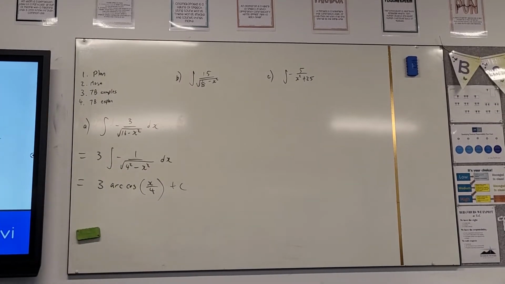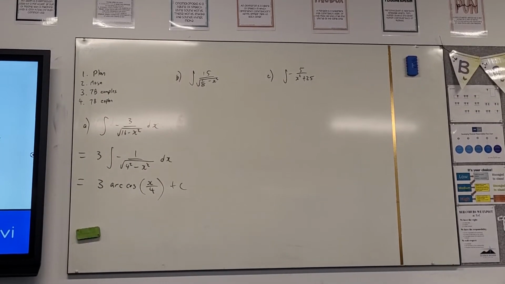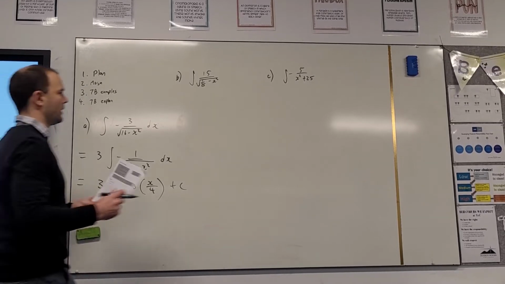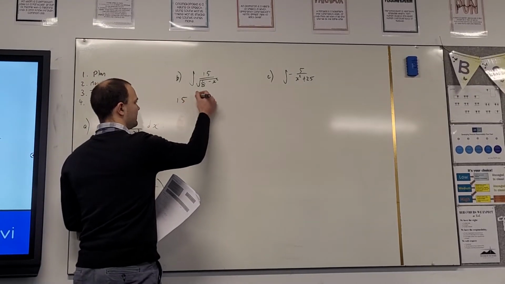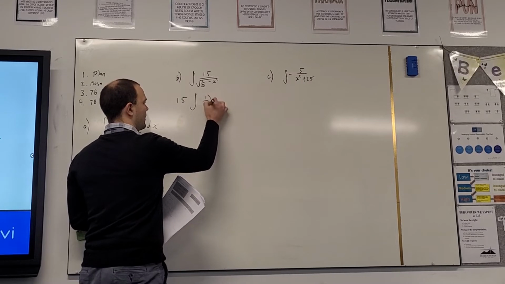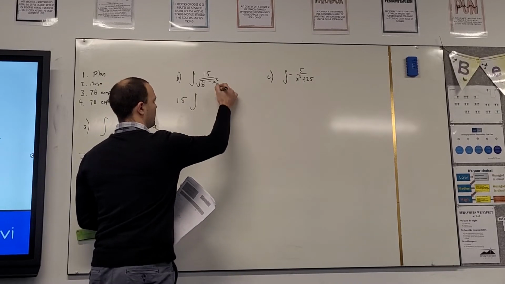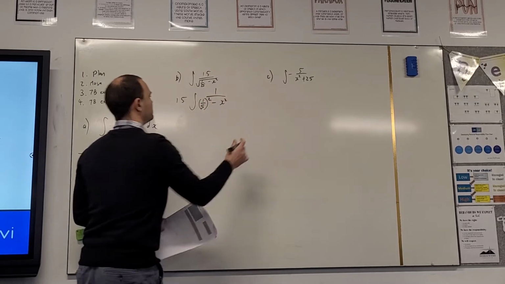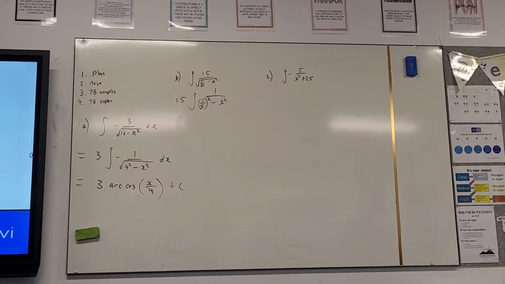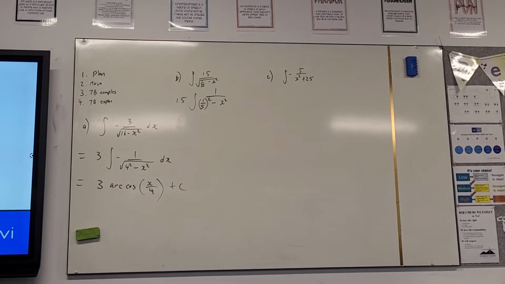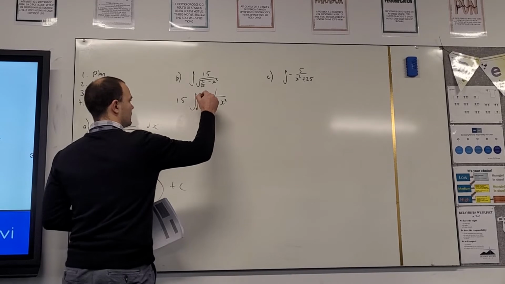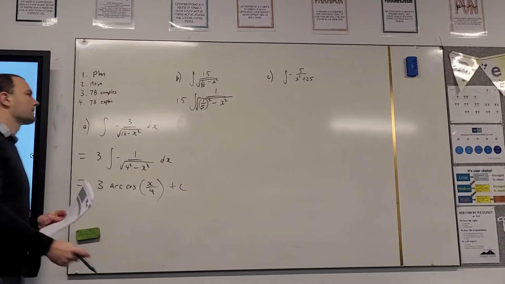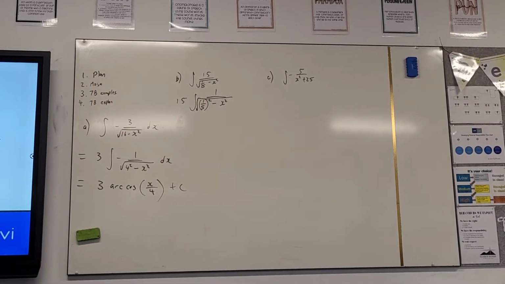Okay, next one, we have 15 on top of the square root of 1 on 25 take x squared. Again, we'll pull that 15 out the front. We have 1 on top of the square root of 1 on 5 squared take x squared. 1 on 25 is 1 on 5 squared. And so that's now resembling the one at the top right, isn't it?